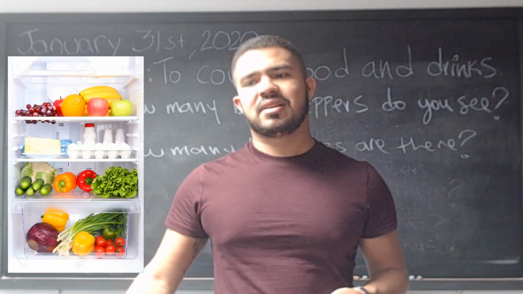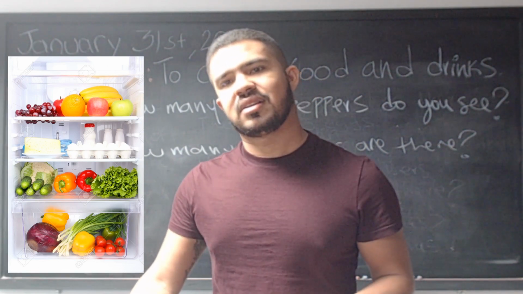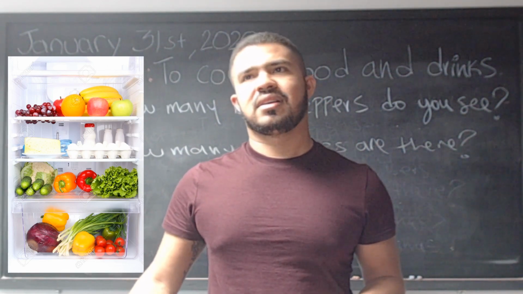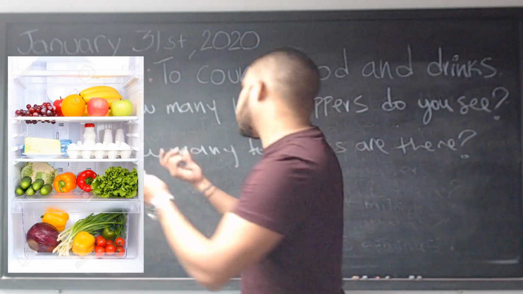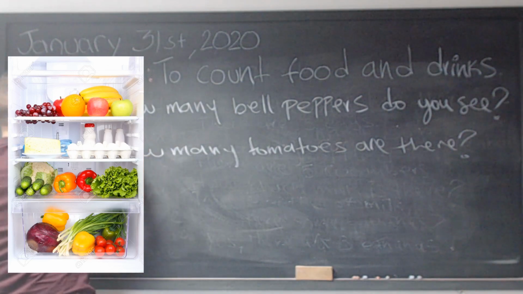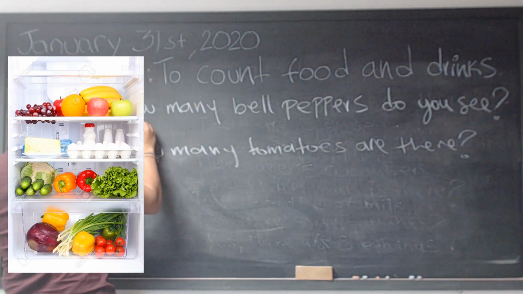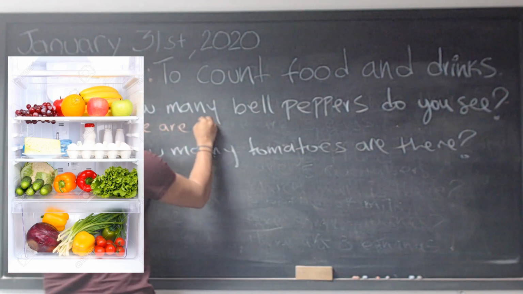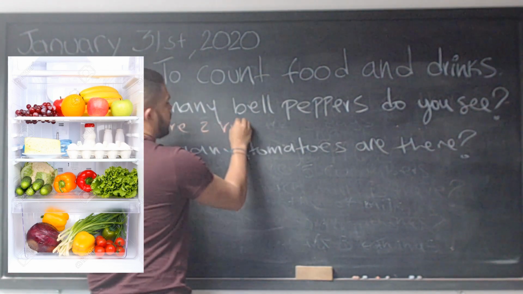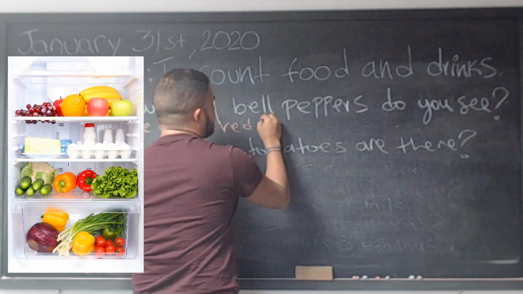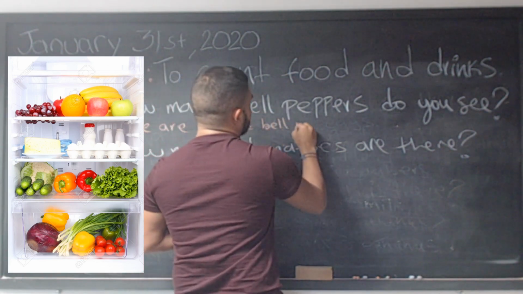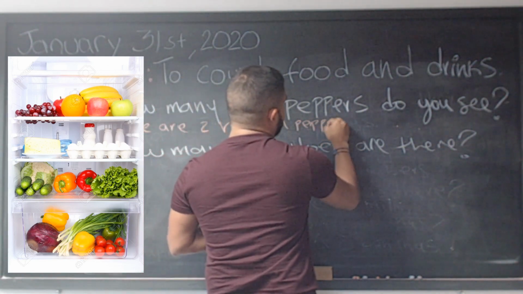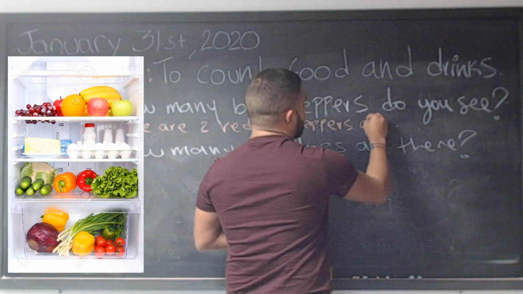Bradley, there are 2 yellow bell peppers and 1 red bell pepper. Excellent, very good. So you see, there are 2 red bell peppers. Teacher, there are more peppers.